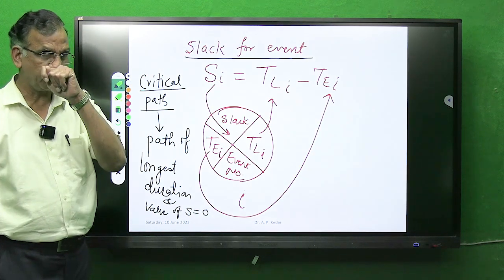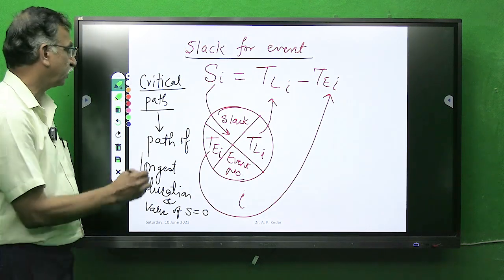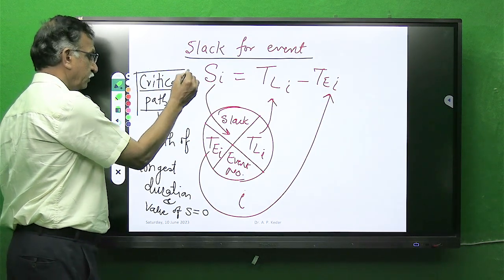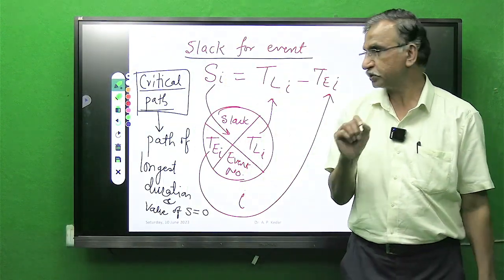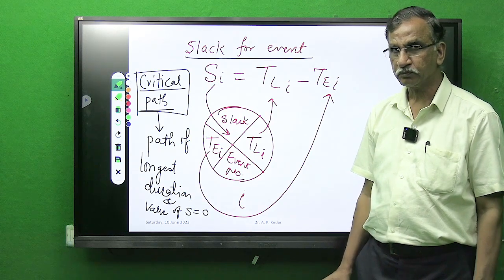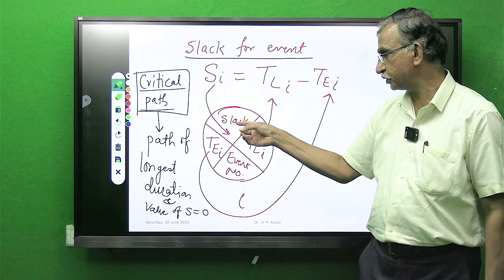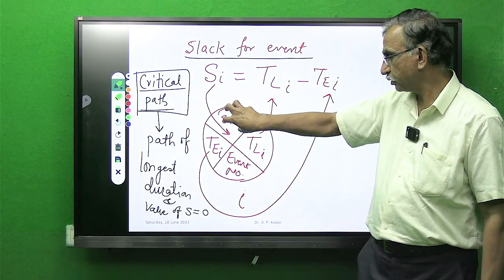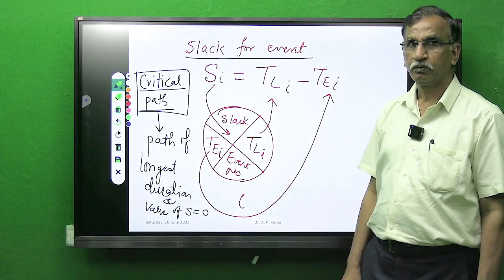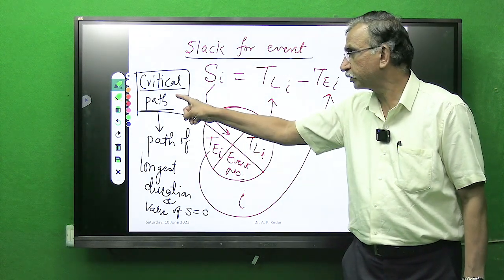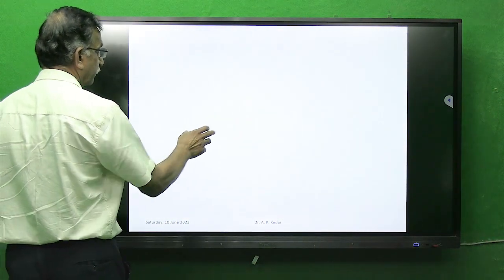Two important things we will be remembering. We will calculate slack. After calculating slack, we will be finding critical path. As stated, critical path is the path of longest time duration, and on that path value of slack will be 0. So this position value on the network will be 0 for critical path. Got it? So let's move ahead with this.